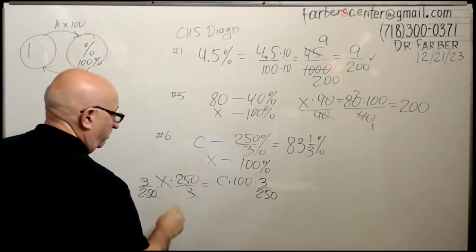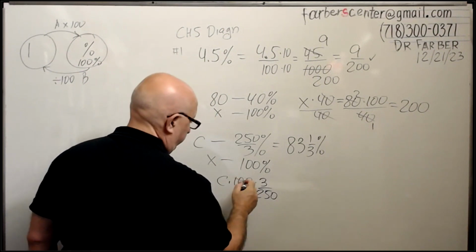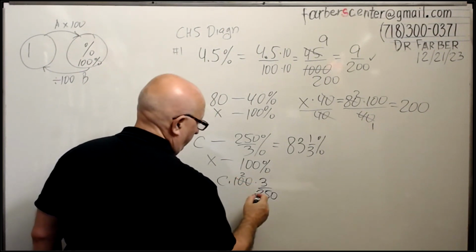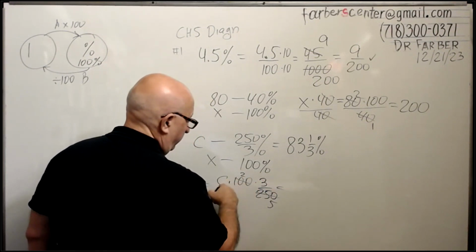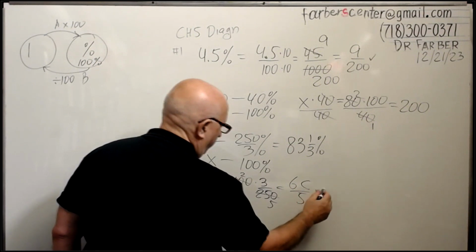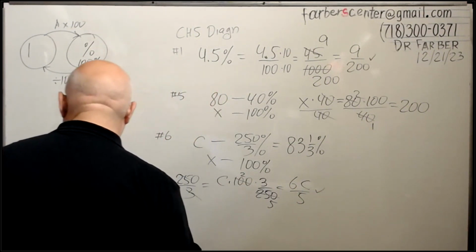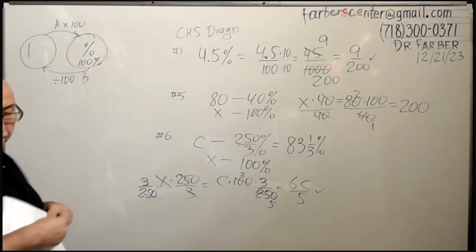Three to 50. 50 goes into 100 2 times and 250 5 times. 2 times 3 is 6 times C over 5. 6C over 5. This was number 6.